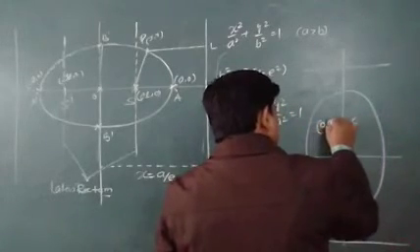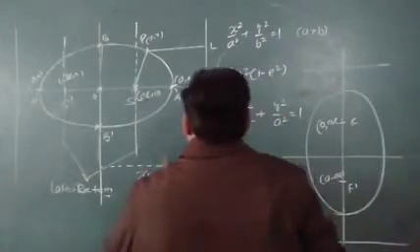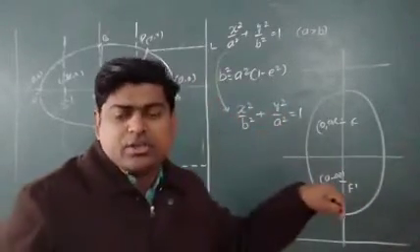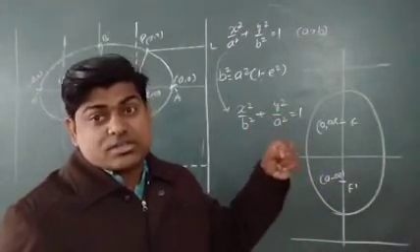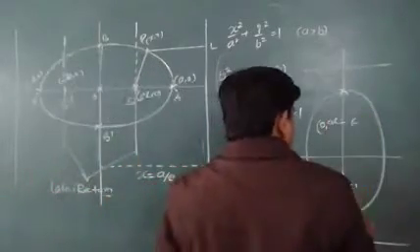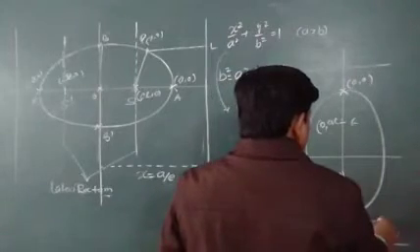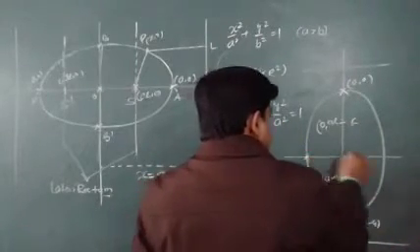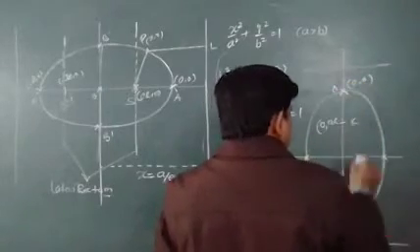Now still it is (0, AE) and (0, minus AE). Previously also it was AE, now again it is AE. What is the difference? It is on the y-axis, that's why (0, AE) and (0, minus AE) has come. The vertices will be known as again (0, A) and (0, minus A). This one is BB dash. Again, it's A and A dash.